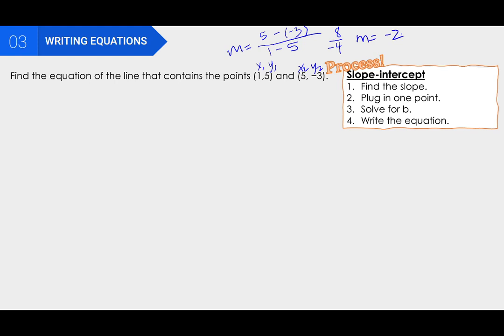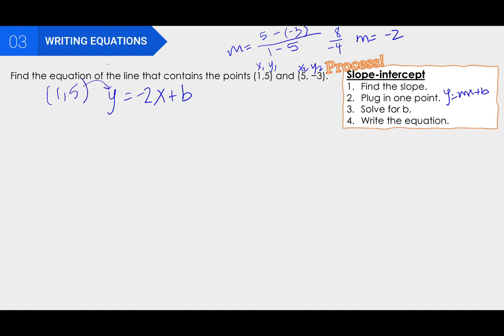Plug in one point, and you're going to plug it into the slope-intercept form. So y equals mx plus b, where m is negative 2. B, we don't know. That's what we need to find. When it says to plug in the point, we're going to plug in either one, (1, 5) or (5, negative 3). Let's go ahead and use (1, 5) for this problem.